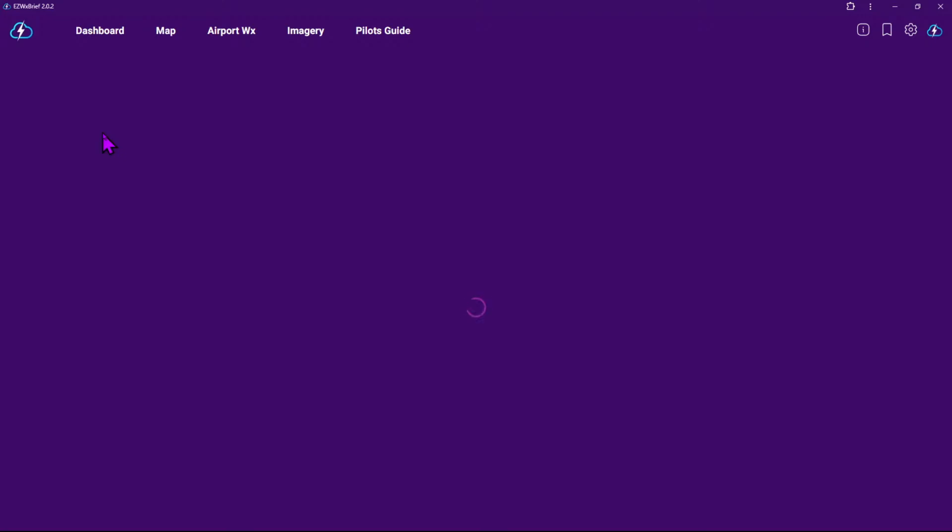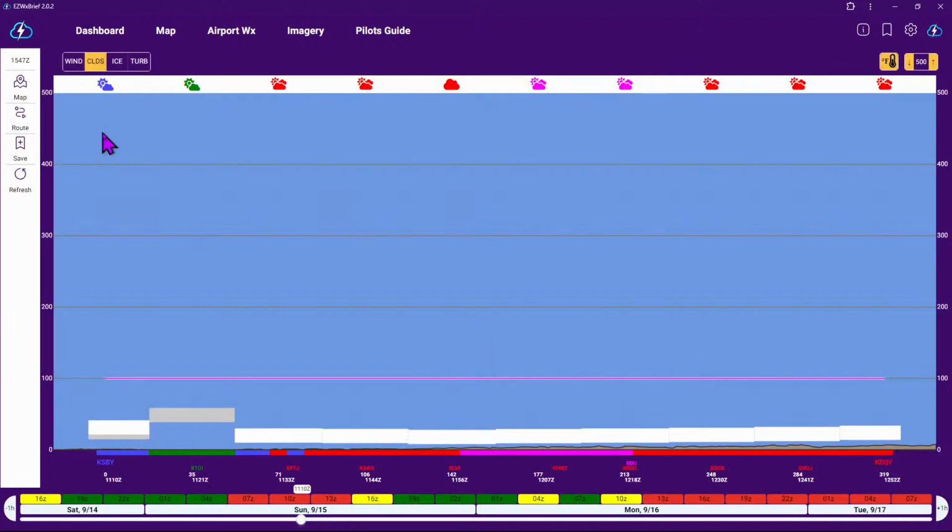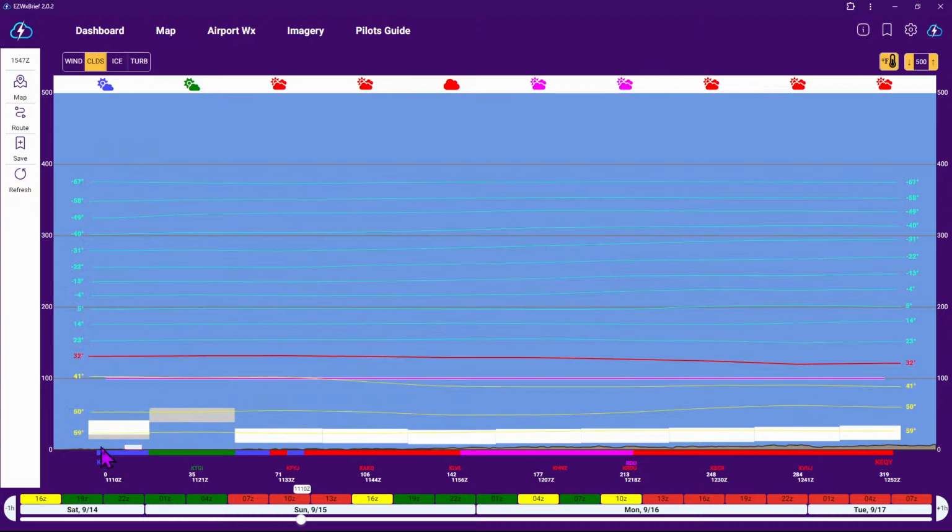And so the cloud depiction here does show pretty clearly that at Salisbury here, we're probably looking at broken 2100, scattered 1400, maybe some VFR conditions early on, but then we start to see that we have those low IFR conditions right in the center of that route, all the way through Raleigh-Durham, where we'll see some of those IFR conditions, low IFR.